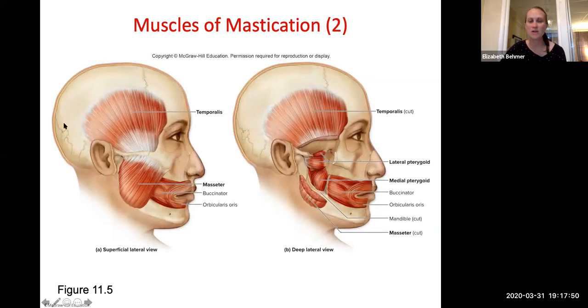So these are your main mastication muscles or chewing muscles: temporalis, masseter, and then the lateral and medial pterygoid muscles. They're called pterygoid muscles because they're near the pterygoid processes of your sphenoid bone, if you remember those.